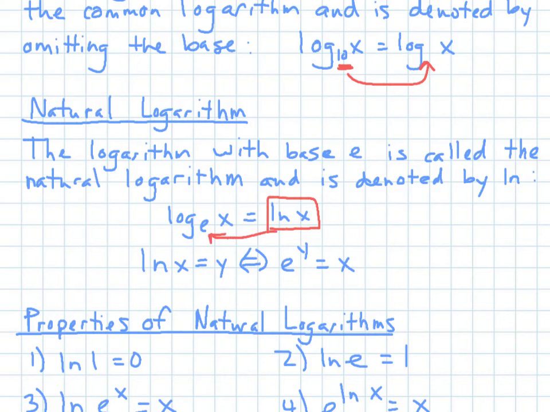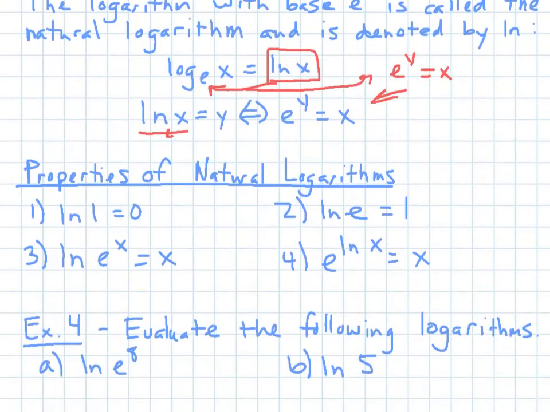So if you change that to exponential form, you'd say e to the y is equal to x. Okay, just like it says down there. So just imagine this ln of having base e that you just don't write, and that's where the switch kind of happens.